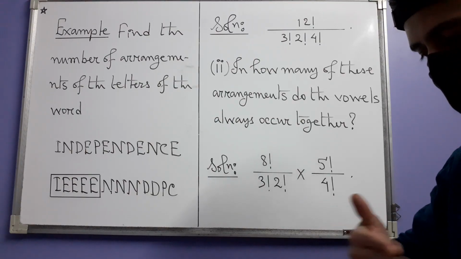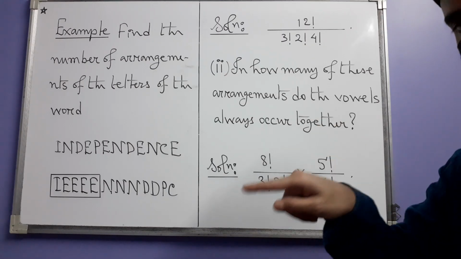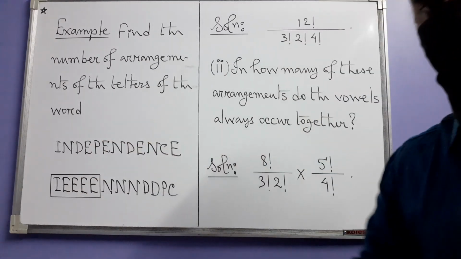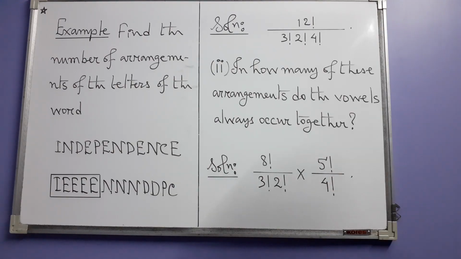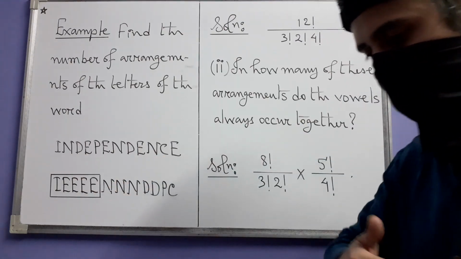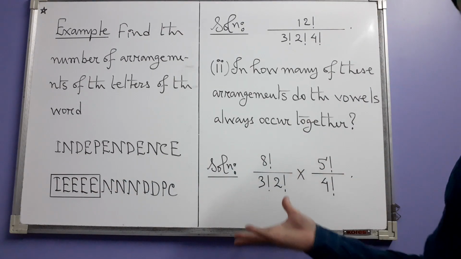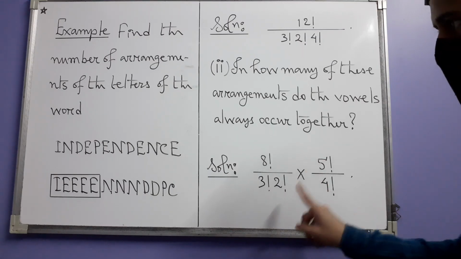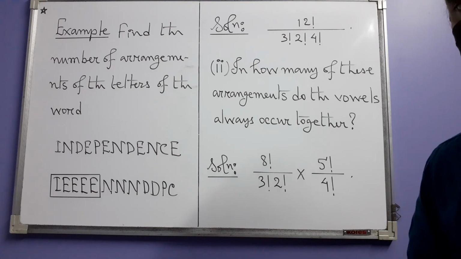So they will arrange themselves in 5 factorial ways, but there also 4 things are appearing which are identical. So you are dividing by 4 factorial because these things are happening together. That's why we have to multiply. This is the total number of arrangements in which the vowels will appear together.